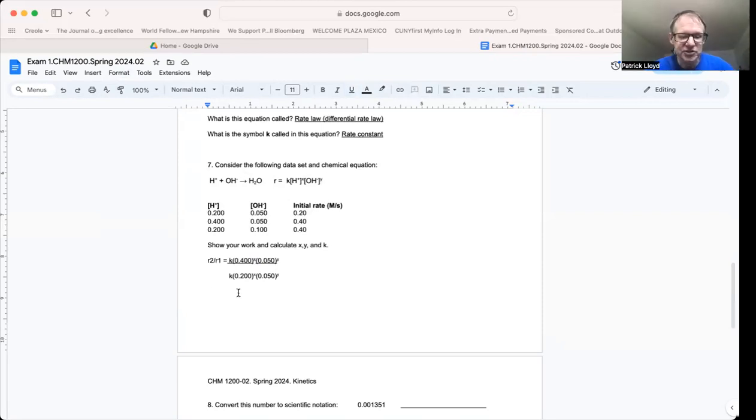All right, so now we can say that R2 over R1 would just be 0.400 to the X, divided by 0.200 to the X. Okay, and then that can be simplified.